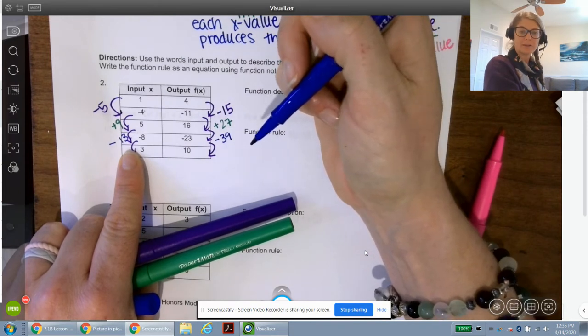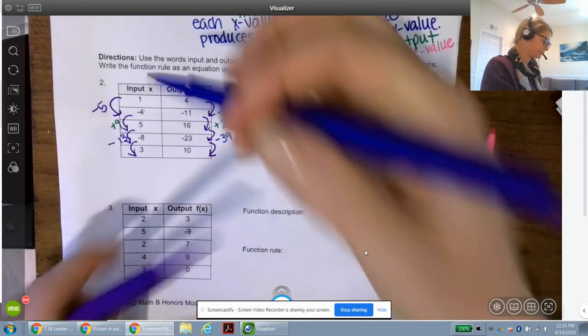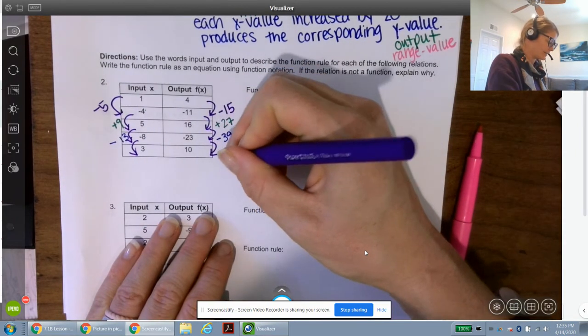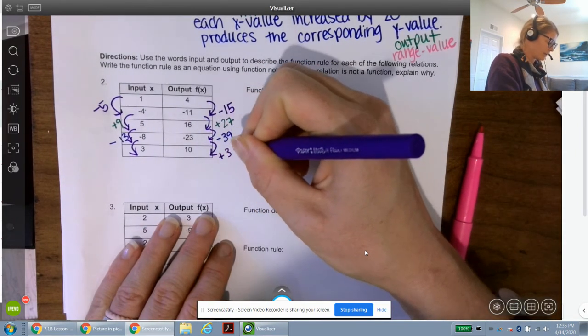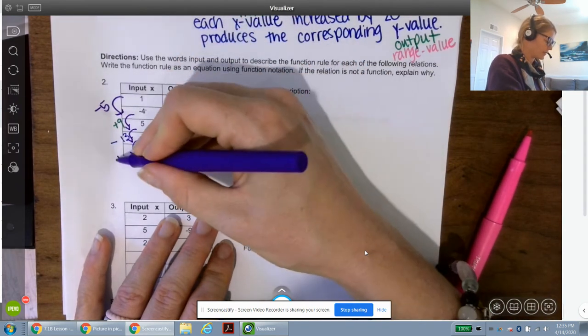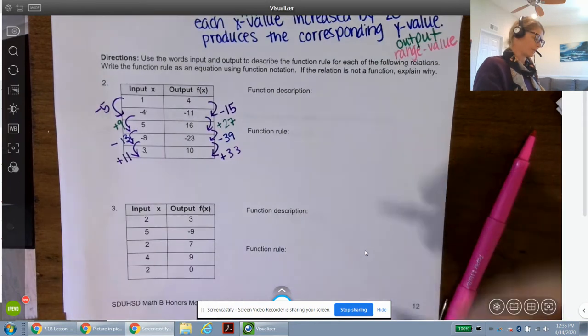Negative by negative is positive. Rate of change, 3. And then finally, negative 23 to positive 10, I'd have to add 33. And negative 8 to 3, I'd have to add 11, which again is 3.